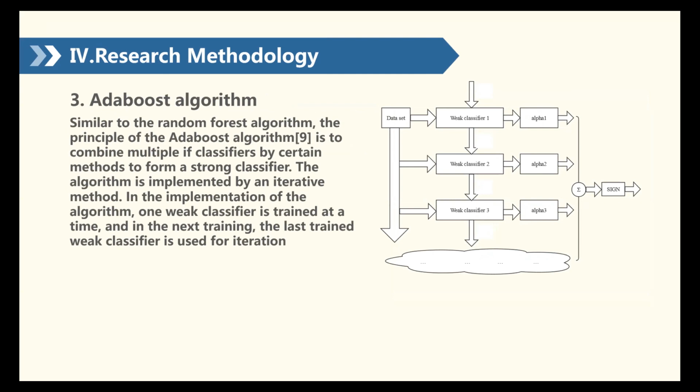The algorithm is implemented by an iterative method. In the implementation, one weak classifier is trained at a time, and in the next training, the last weak classifier is used for iteration.